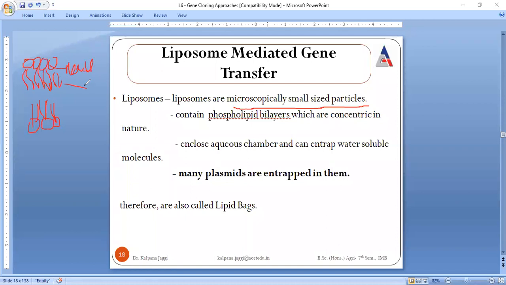These are the heads and these are the tails. Concentric means tails are on the inner part. If this is a circle, concentric means the heads are arranged on the outer side and the tails are arranged on the inner side, right? So this is the way.